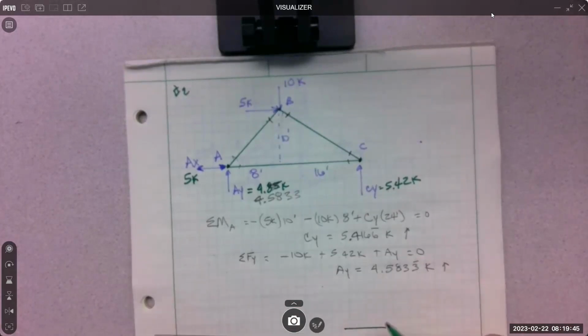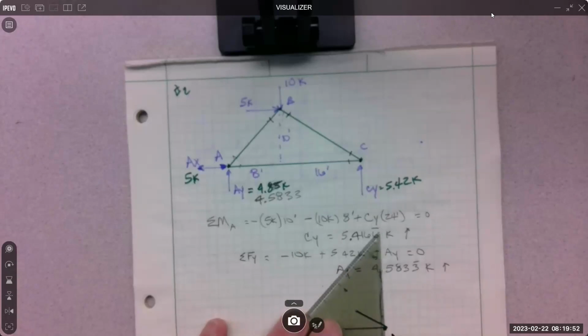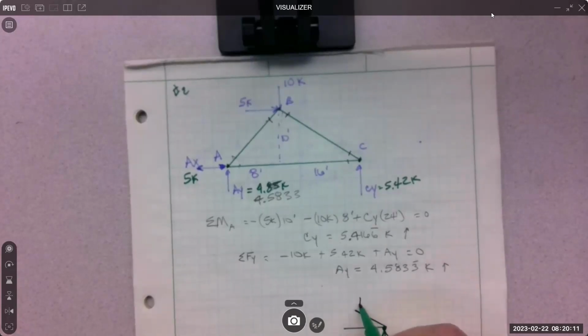So draw joint C and try to figure out the directions of the 2 unknowns. Right? We know this one is up. 5.4166. Oops. Dang it. How's that happen? 4166. And then we want to label them.